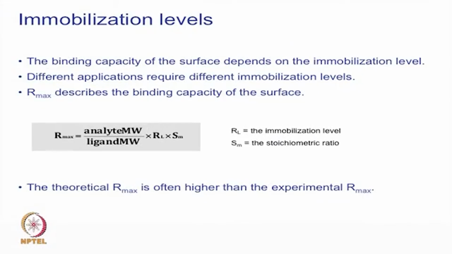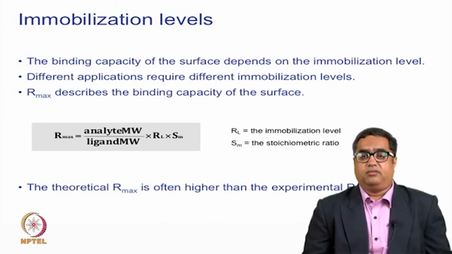The immobilization level can be set in two ways. One is a controlled immobilization process, called aim for immobilization, where you aim for an immobilization level based on the calculated Rmax, stoichiometry, binding level, and the number of binding sites the molecule has. All of that is taken into consideration, and the level of immobilization is determined.